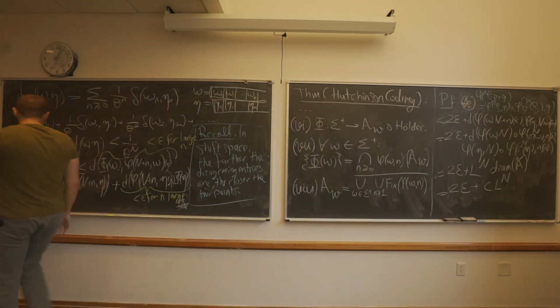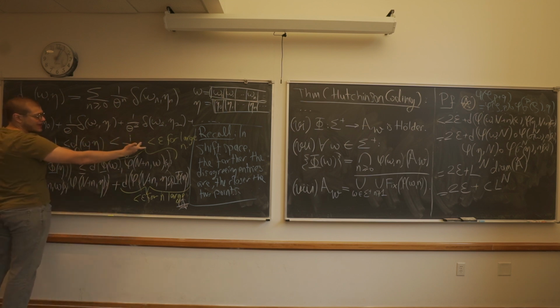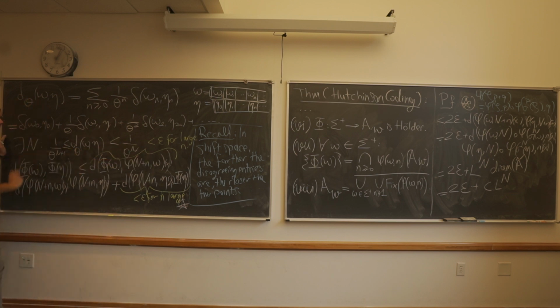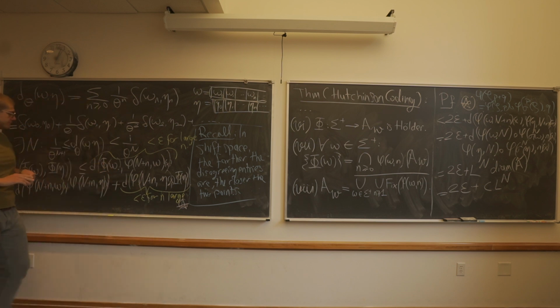So the argument here was this. I chose omega and eta. By definition, they have to satisfy an inequality like this for some capital N. I choose an epsilon. Let epsilon be positive.